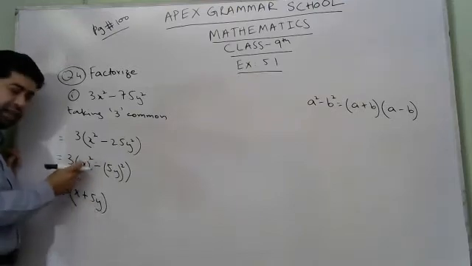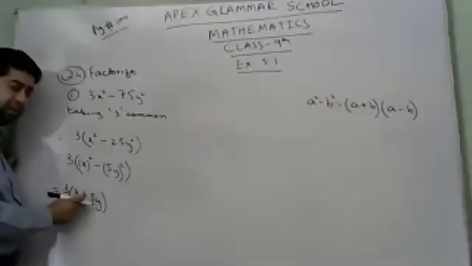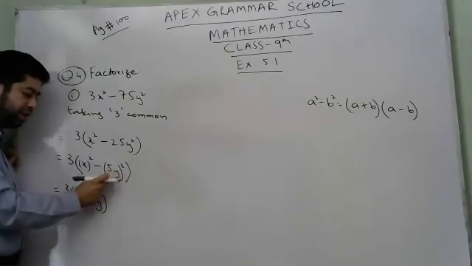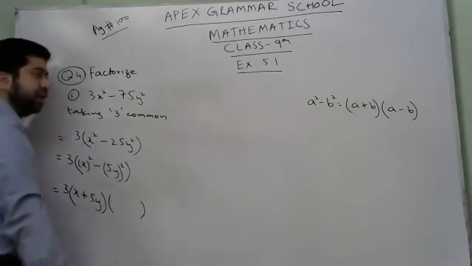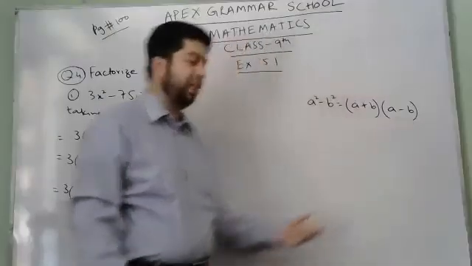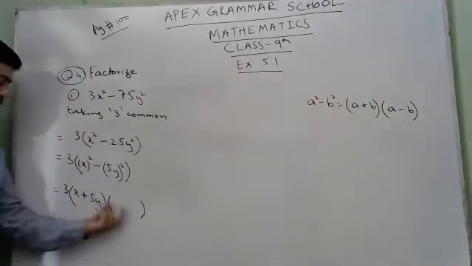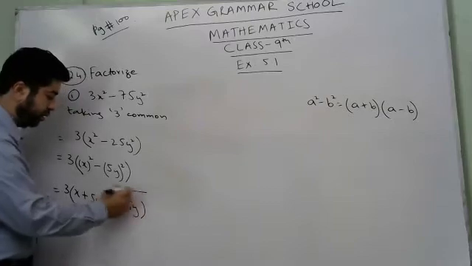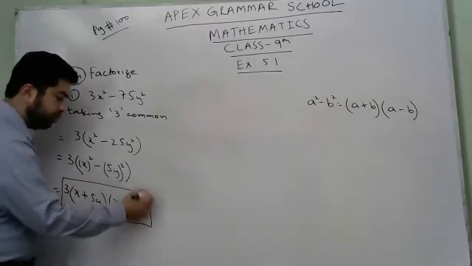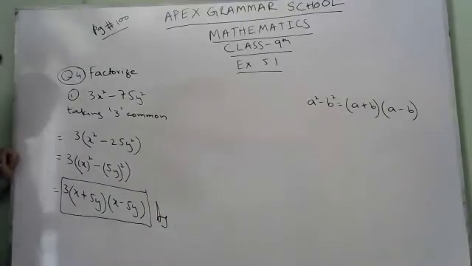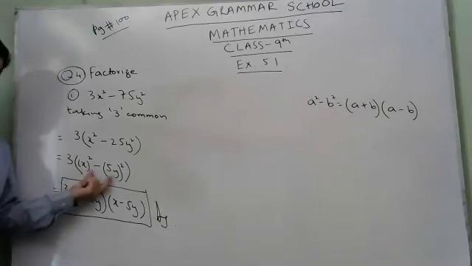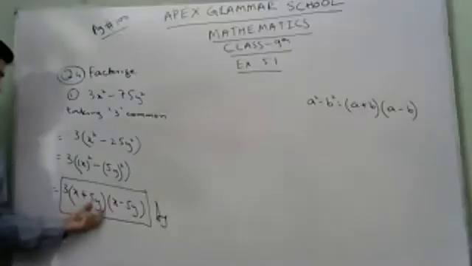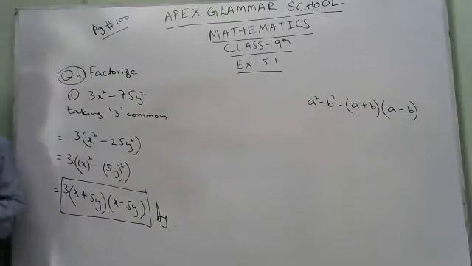The value of a is beneath this square, x, plus the value of b is beneath this square, that is 5y. And after that, a minus b, same thing with a negative sign, x minus 5y. And that's it. A squared minus b squared will be equal to a plus b into a minus b.